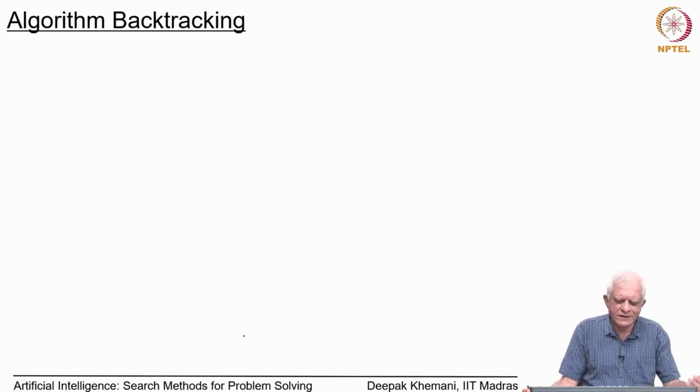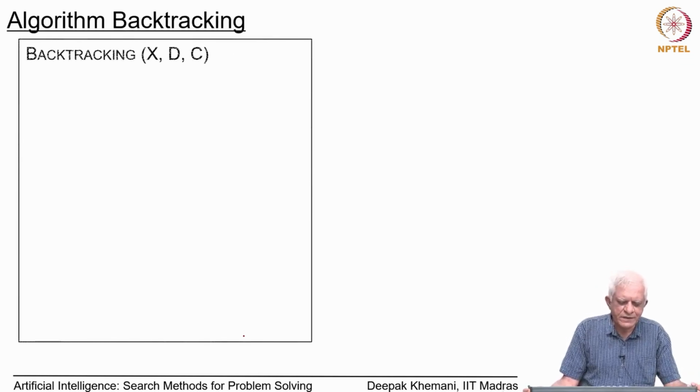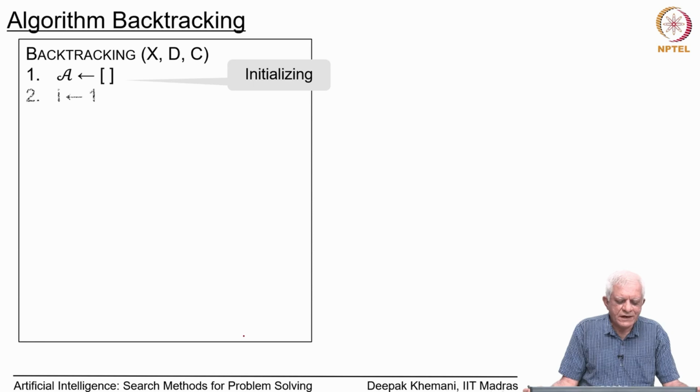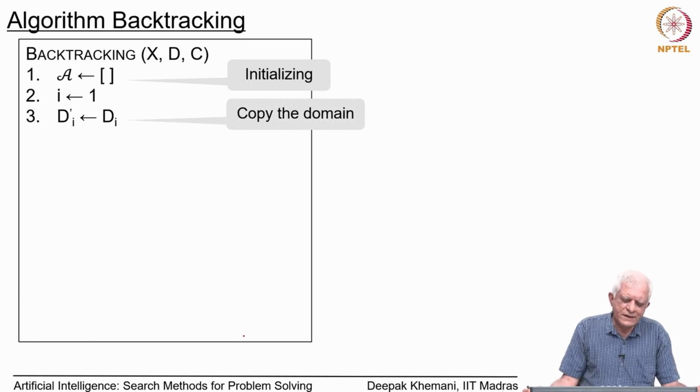So, let us look at this in a little bit more formal way. The input to this is a network or a constraint satisfaction problem. We start off by initializing the assignment vector to an empty list, as we said, we will be treating it as a list, and we make a copy of the first domain, so that we can delete from it and go back and try again.